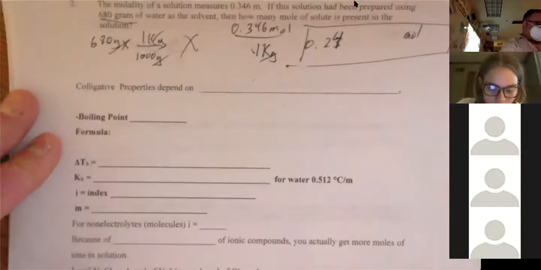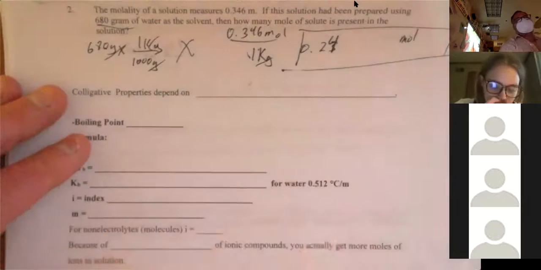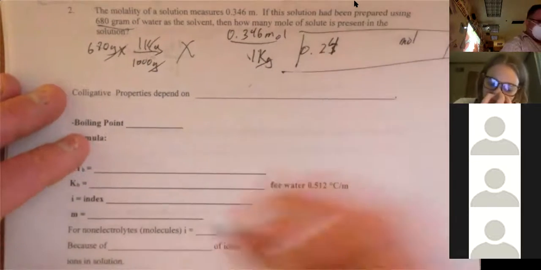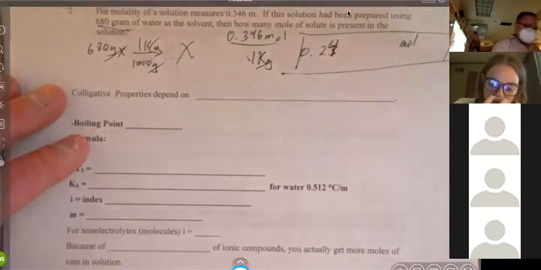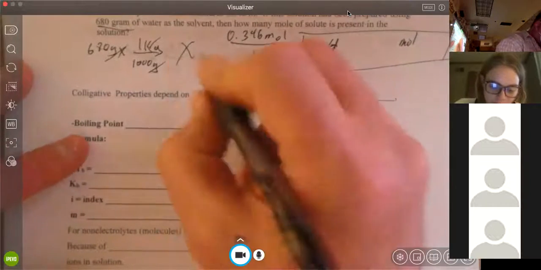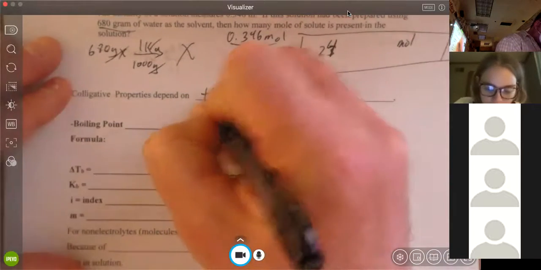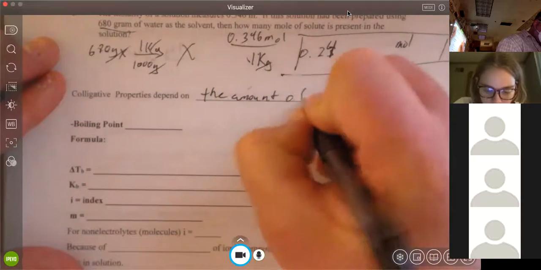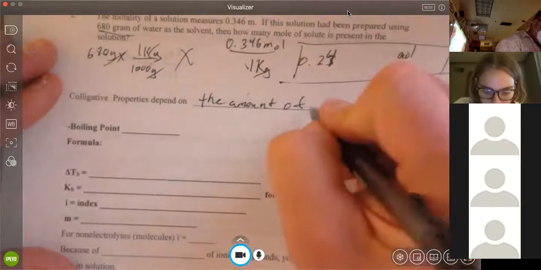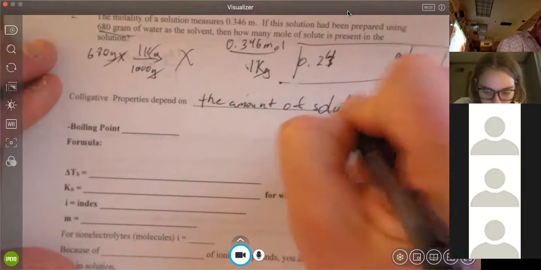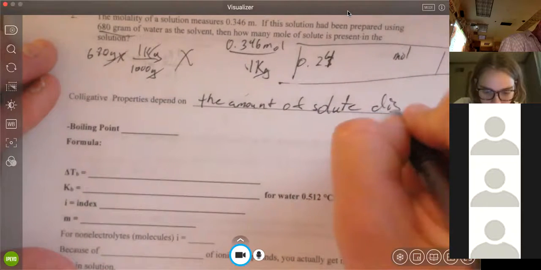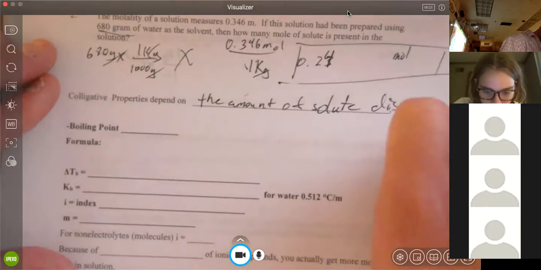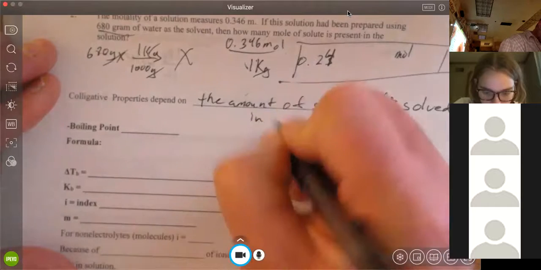So colligative properties. We are going to discuss boiling point and freezing point. Colligative properties are properties that depend on the amount of stuff, solute, dissolved in a solution.